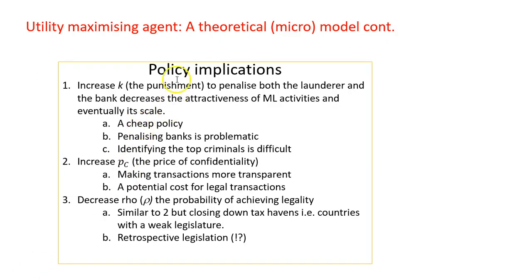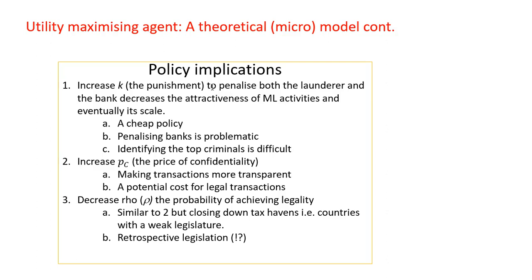One way of looking at the model is to see what the policy implications are, which is the value of the model in many ways. So we can increase the punishment at K. As you can see in the model, that puts a simple negative value on the expected profitability. So what can we say about increasing the punishment? Well, first of all, it's a cheap policy. It's easy to pass in law.